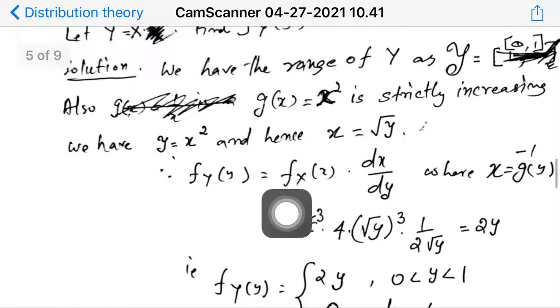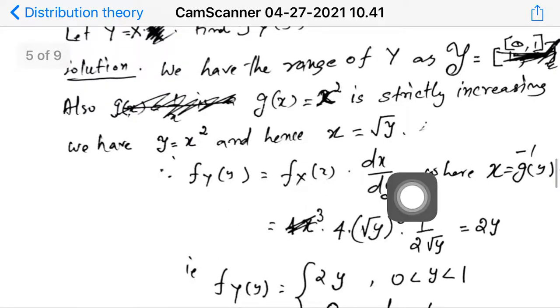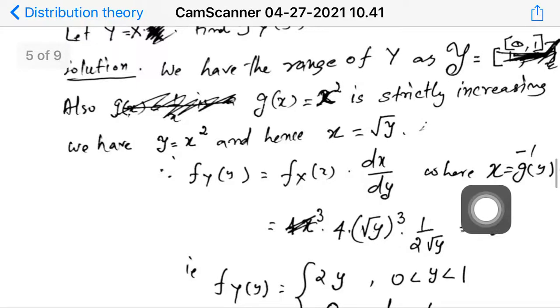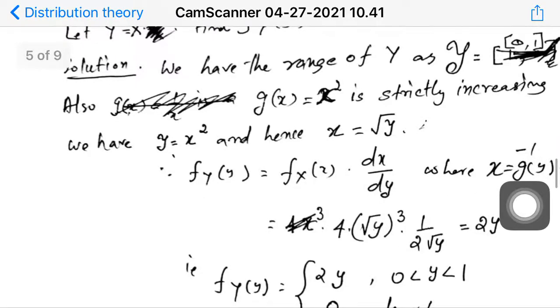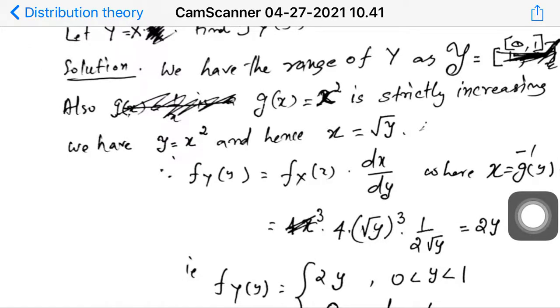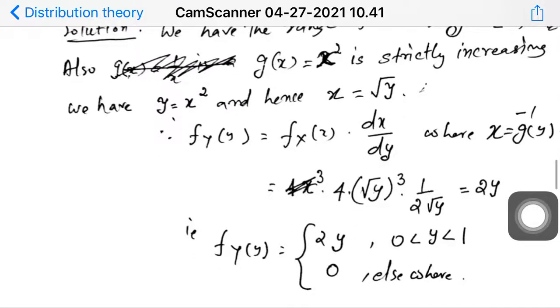fy of y is equal to fx of x into dx by dy, where x is equal to g inverse of y.